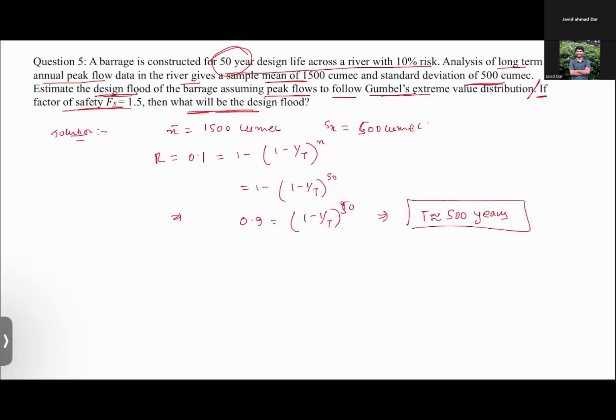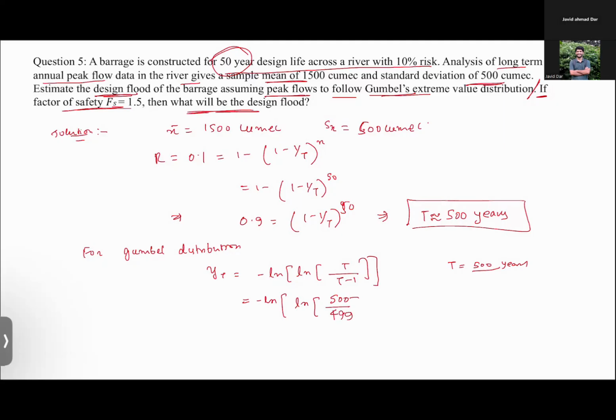Now for the Gumbel distribution, if you remember, yT is minus ln of ln(T divided by T minus 1). Your T here is 500 years. If you put in the value and solve this, it comes out to be 6.2136.